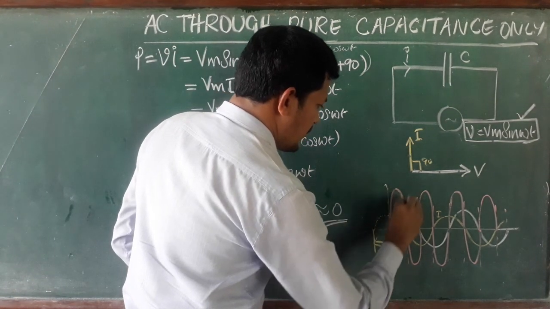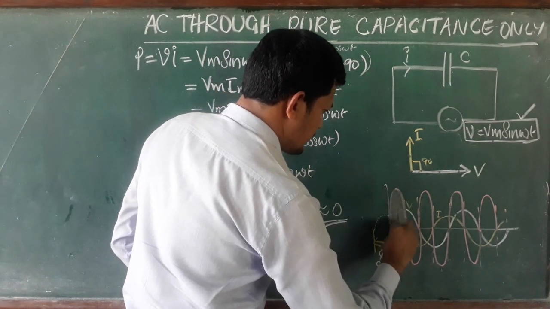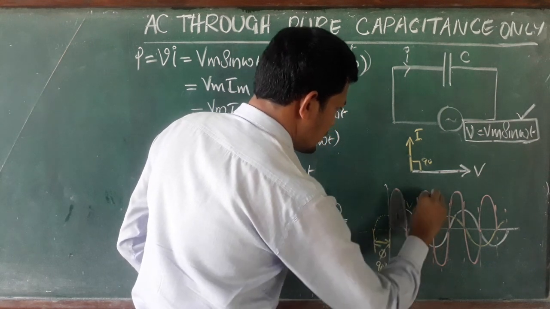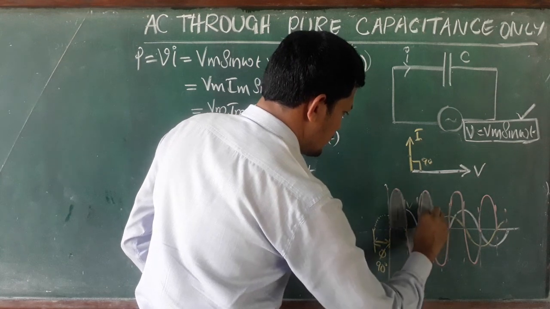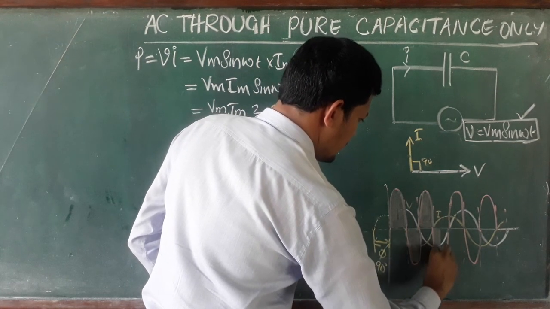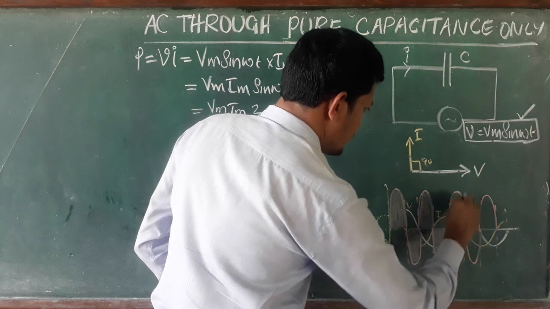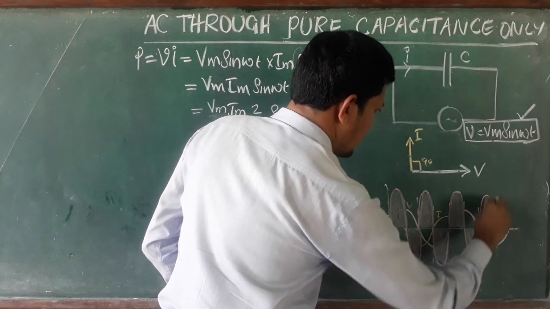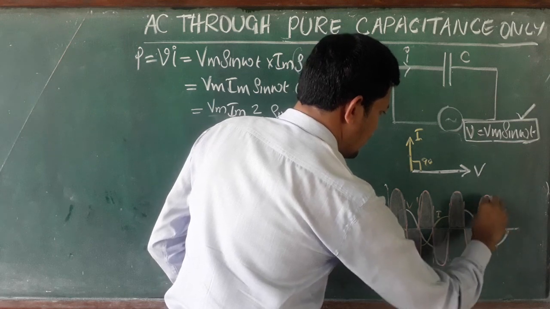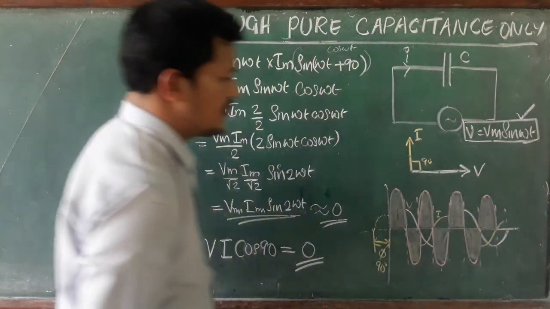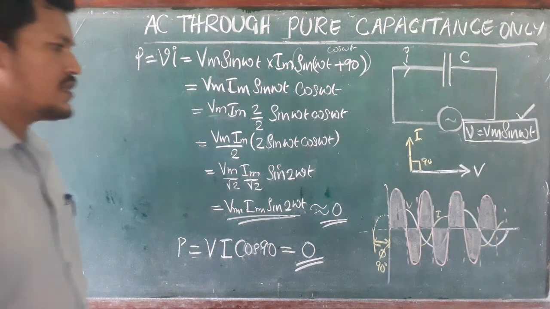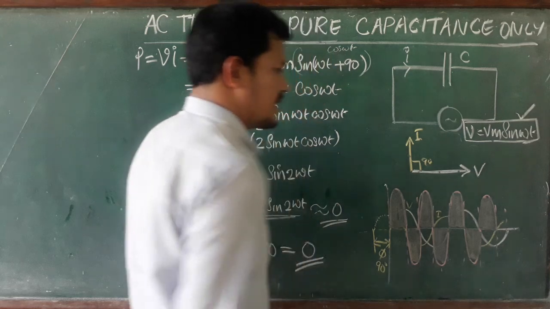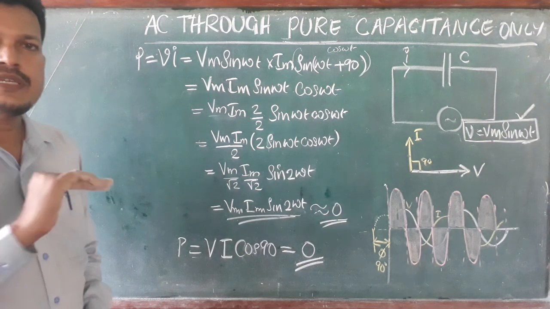So the power waveform. From the graph, or waveform, we can find that as many positive values as there are, the same negative values are there. So the average power should be 0.